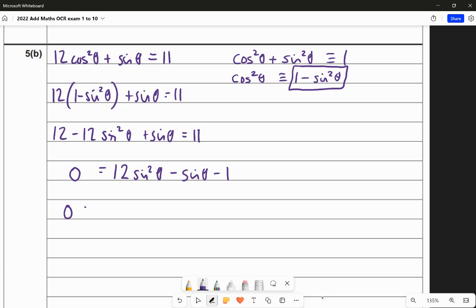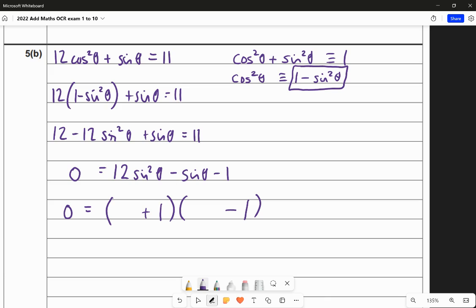Then factorize. So here I know if I'm going to try and factorize this, that I might have 12 sine theta at the start of one bracket and sine theta in the other. But I know for sure I'm going to have positive 1 and negative 1 at the end. To multiply to make negative 1, I need 1 times negative 1.